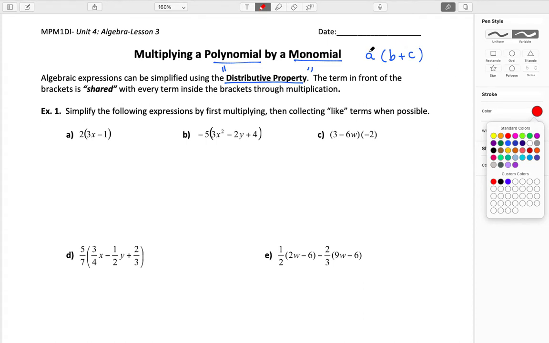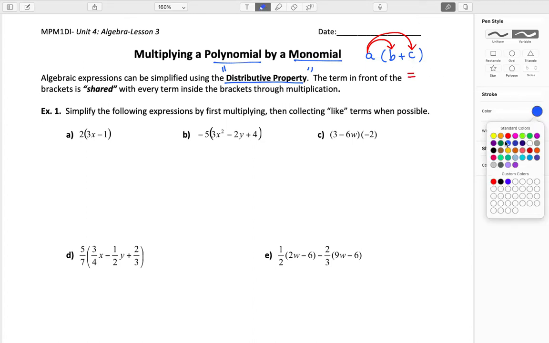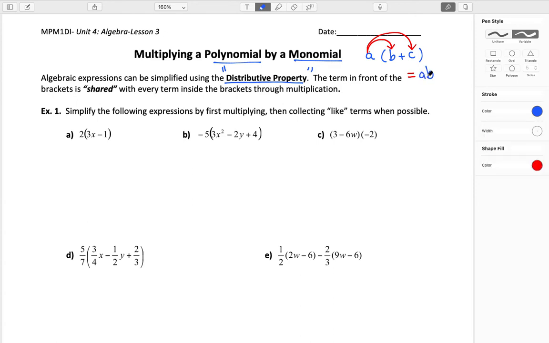So A is going to handshake with B and A is going to handshake with C. This is called distributive property. You distribute. Therefore, it's going to be A times B, which is AB, plus A times C, which is AC. Okay? So let's try an example.